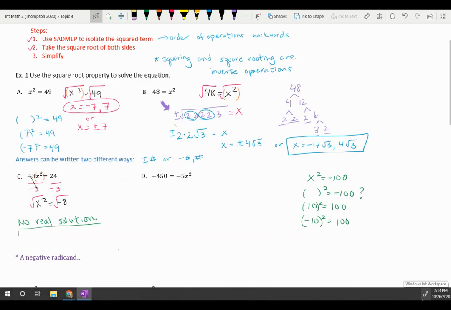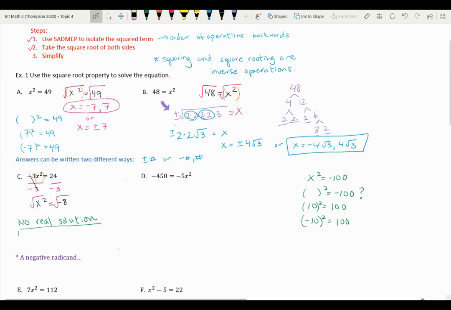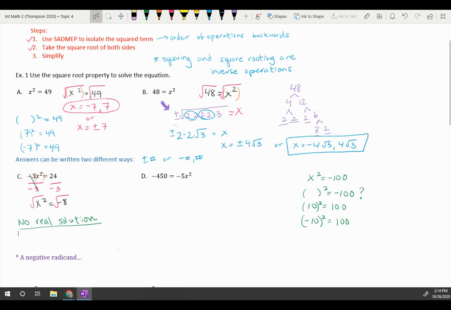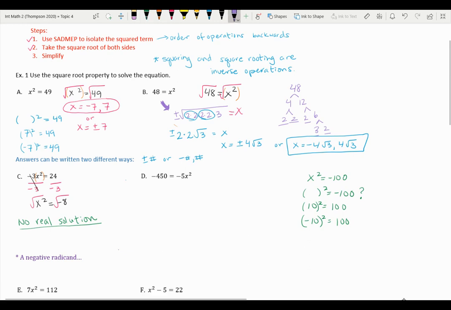So to make a note here, right down there in purple, I've got a negative radicand, okay, yields no real solution.